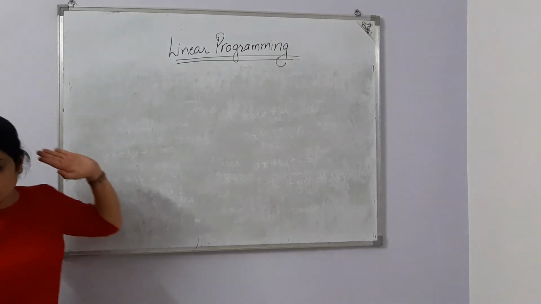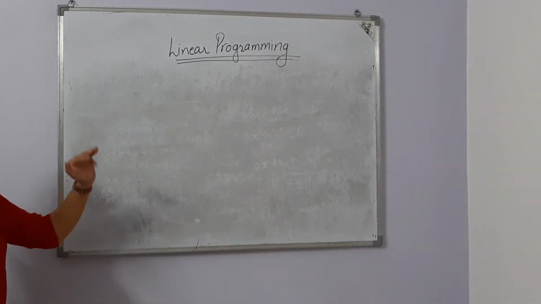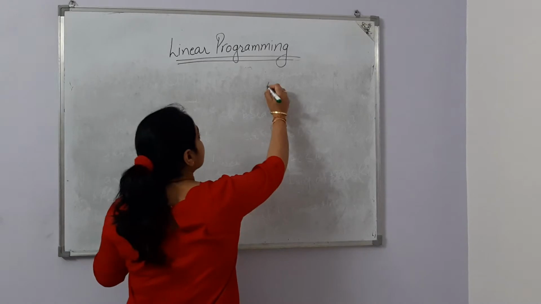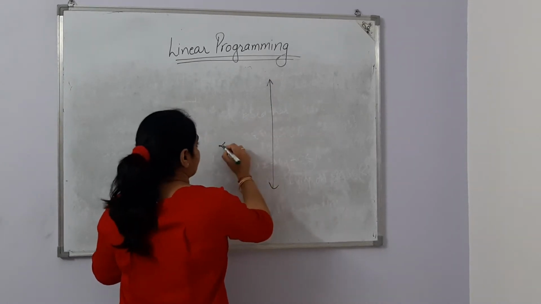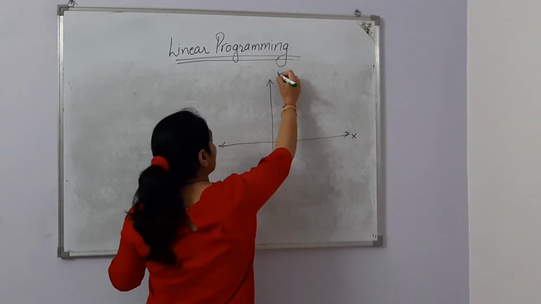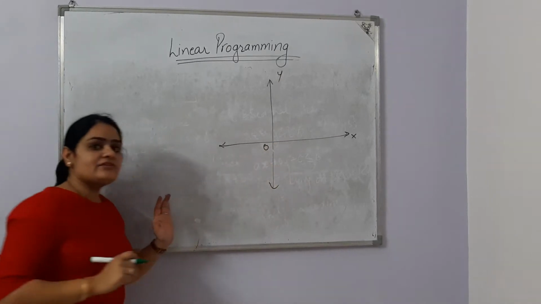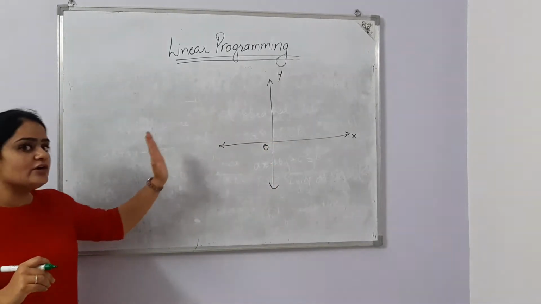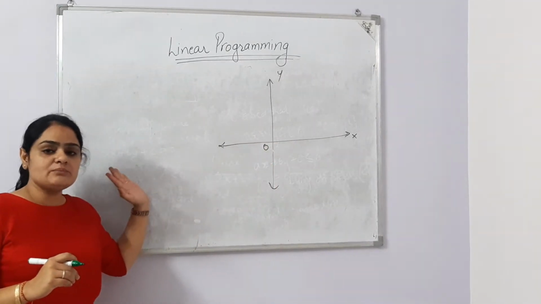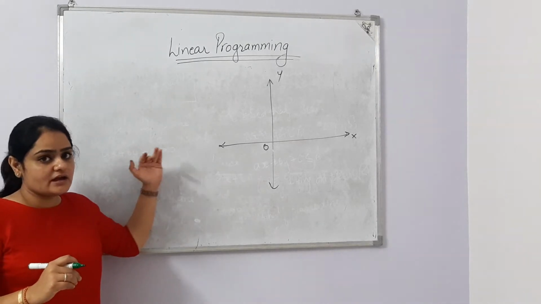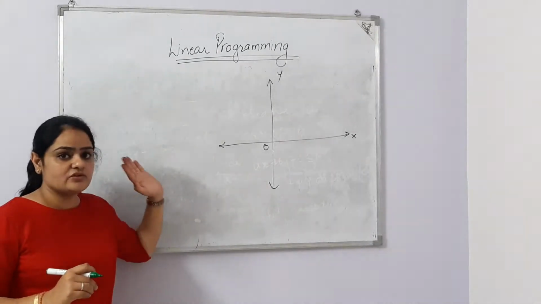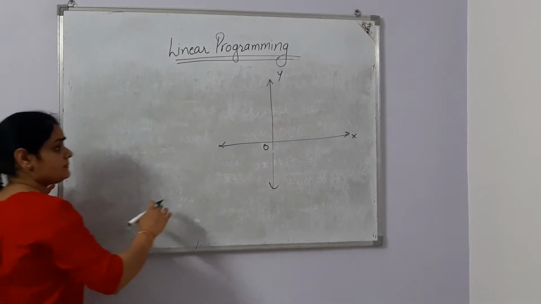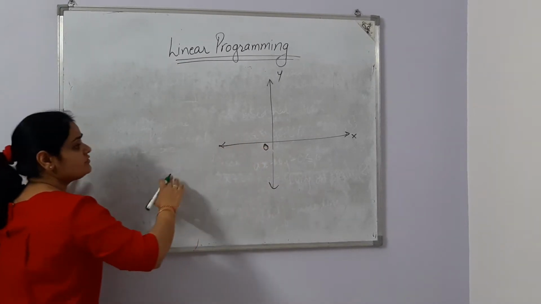But before doing the question, we need to learn one more thing. This is a graphical chapter, which means you need to draw graphs in every question. Even in the examination, you will get one graph for one question.